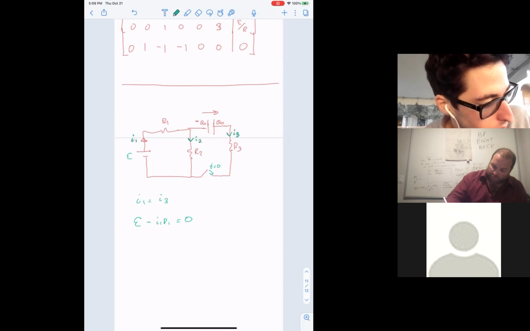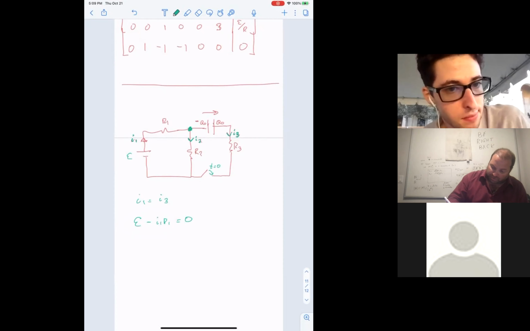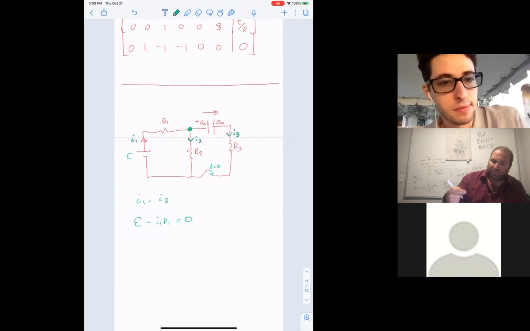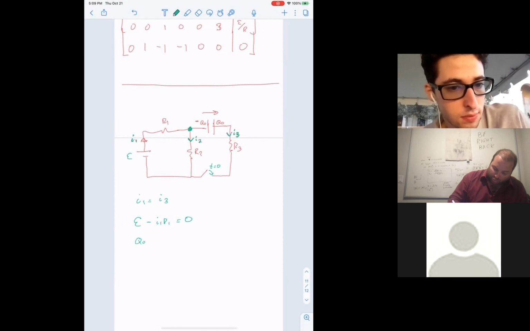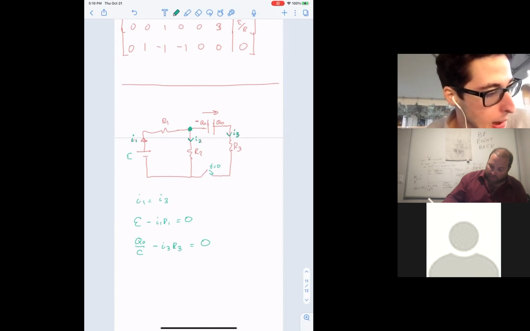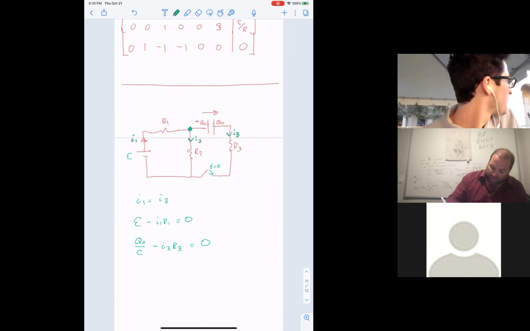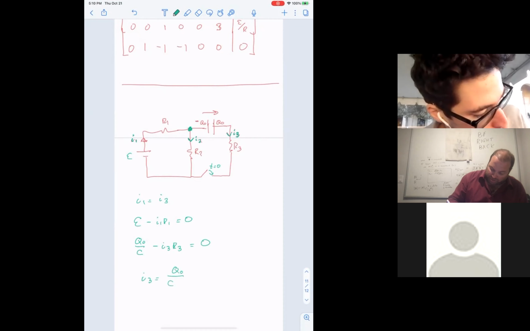And then if I do the other loop, I'm going to start here in the top left. First I move across the capacitor, and I gain potential because I'm going from negative to positive. So C equals Q, so Q naught over C minus I3 R3 is also equal to 0. This tells me that I3 is Q naught over C R3.